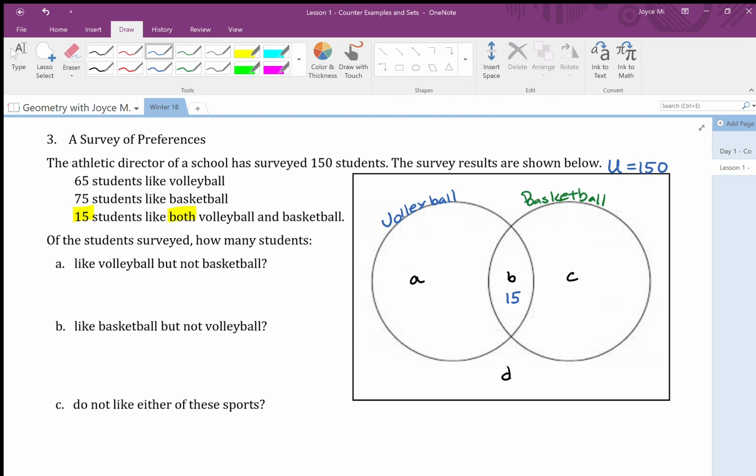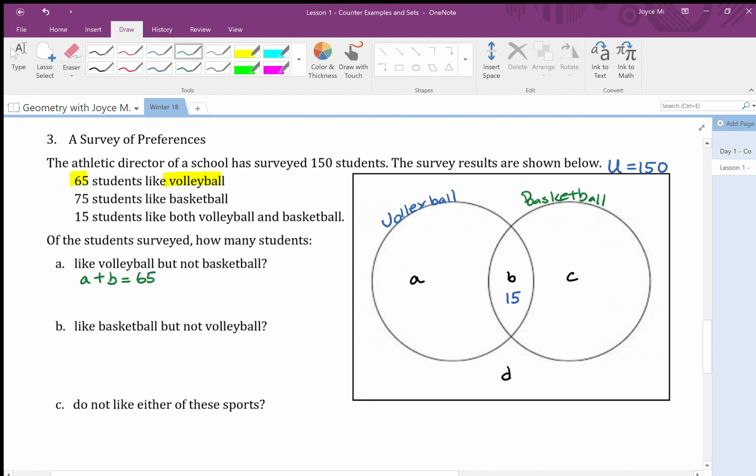I know the volleyball total is 65, and 15 of them already like both. So region A plus region B should give me 65, because 65 students like volleyball.